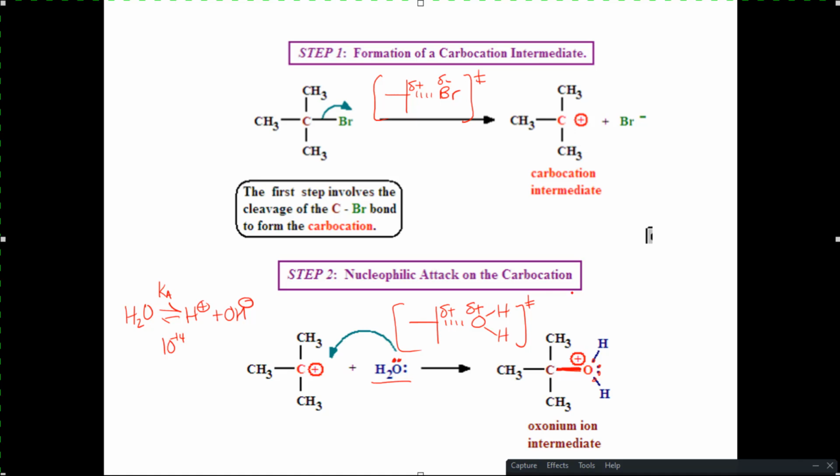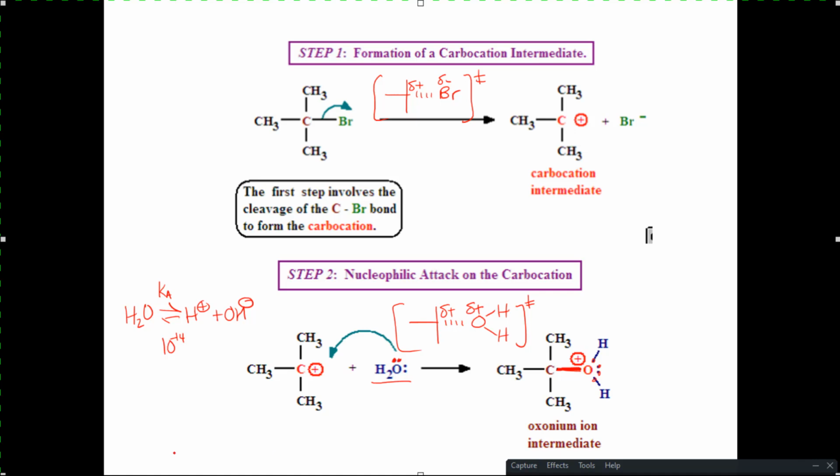So this is the transition state. And it looks kind of strange, right? You say, well, I've got 2 delta positive charges next to each other. That's not very stable. Well, this is a transition state. It's not going to be very stable anyway. But what's happening? I'm forming the carbon-oxygen bond, and the positive charge is being transferred from the carbon to the oxygen. And that's what the transition state tells me.